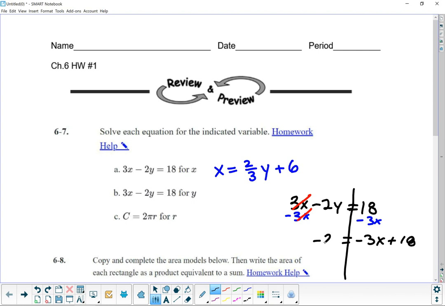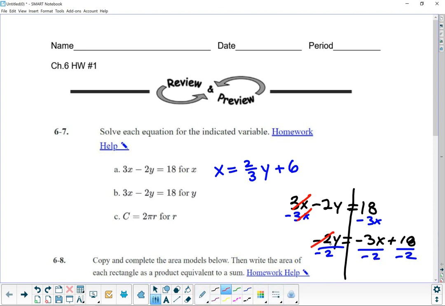And then I'm left with negative 2y. To finish this off, I'm going to divide by negative 2. Remember what I said? You can split it up like that, which means that each of these gets divided by negative 2, like that and like that.